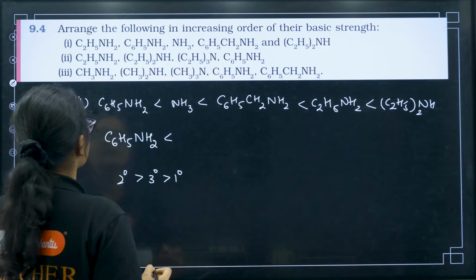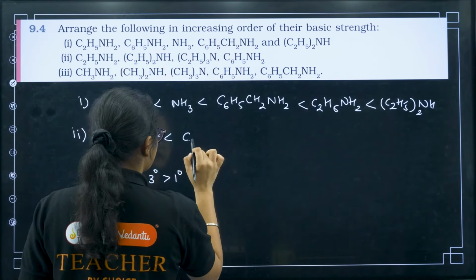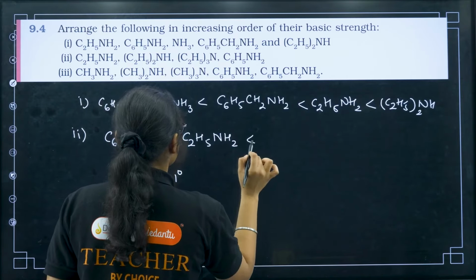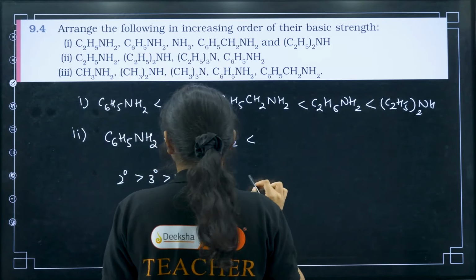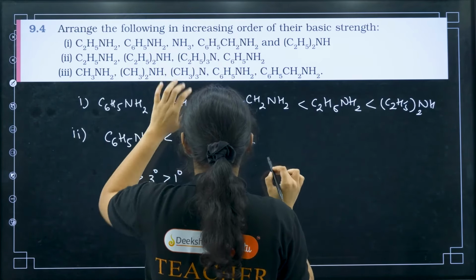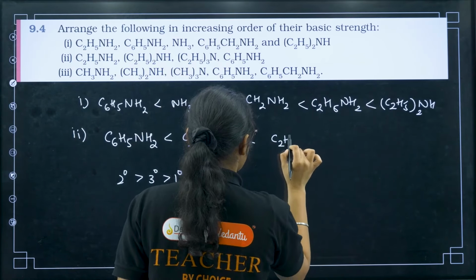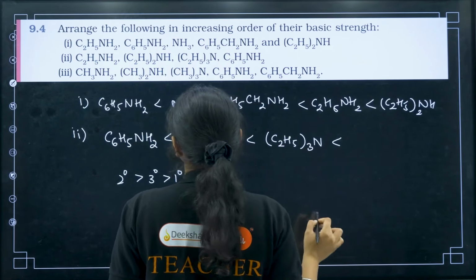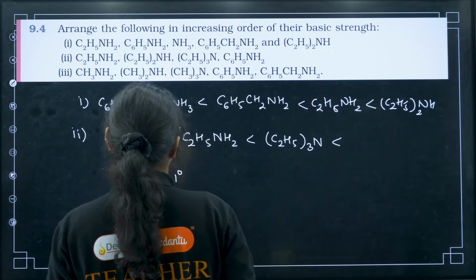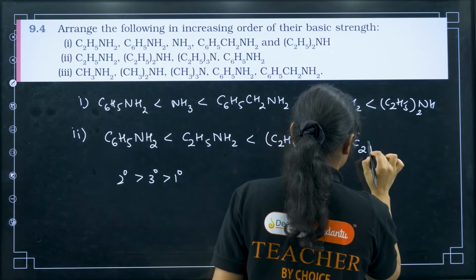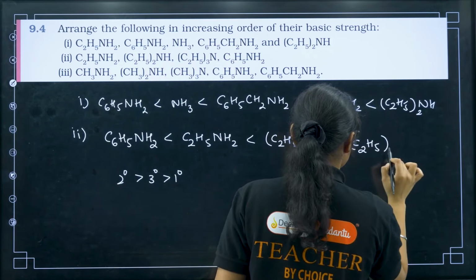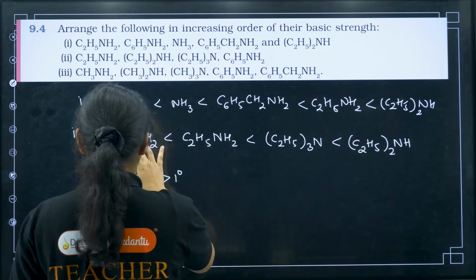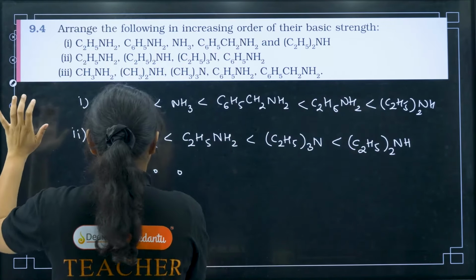So the 1 degree one will be C2H5NH2, then 3 degree will be (C2H5)3N, and then we have (C2H5)2NH. So 2 degree, 3 degree, 1 degree and then this one.